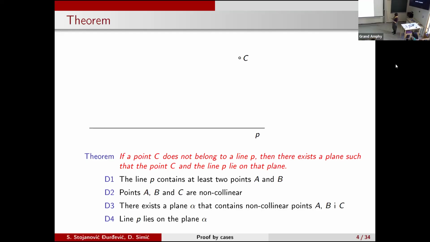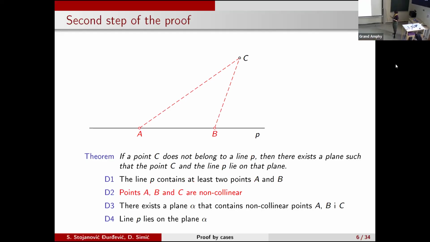The first thing that we know is that we need to introduce new objects in the proof, of the type point, and we need to introduce two different points that belong to the line P. Because those points belong to the line P, and because they are different, and because we know that the point C doesn't lie on line P, we can conclude that they are non-collinear points.